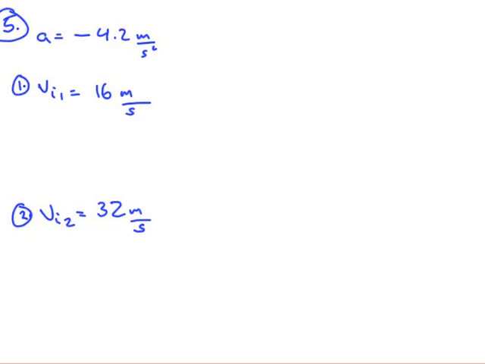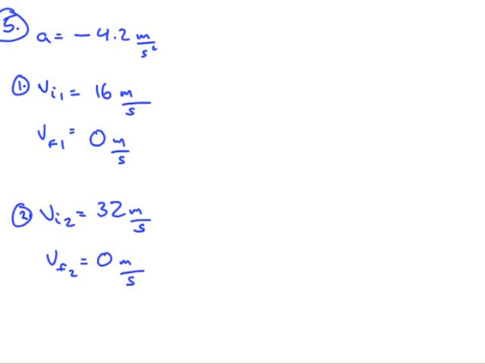Well, we have our acceleration, we have our VI in both instances, and so the question is, what's our final velocity in 1 and in 2, VF1 and VF2? Well, if our brakes work correctly, we have brakes that bring us to a complete stop. So our final velocity is 0 meters per second and 0 meters per second.